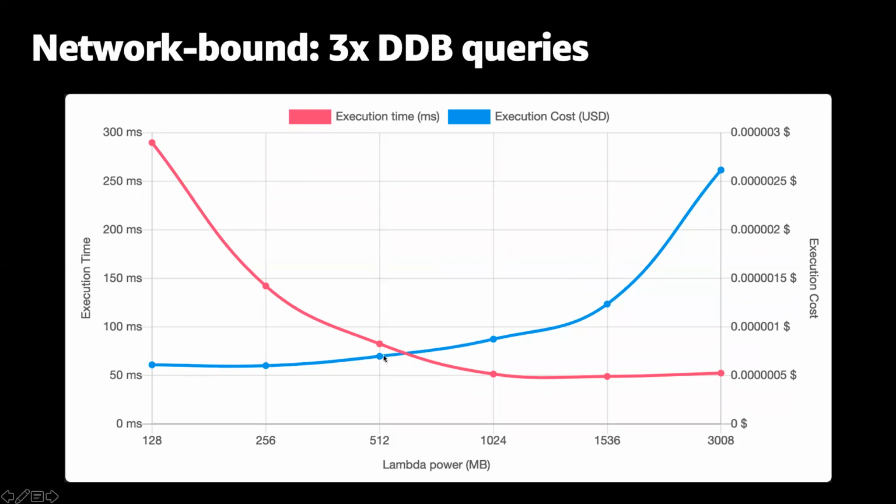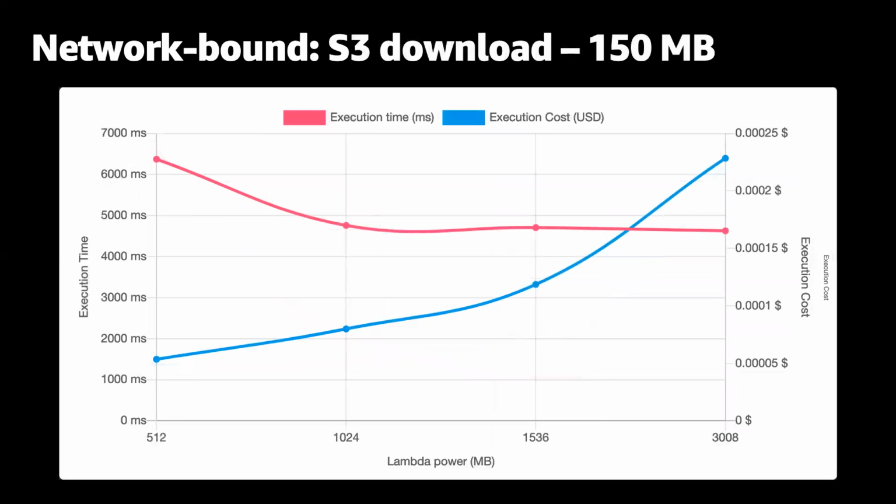So for example, in this use case, running 3 DynamoDB queries in a row, I might go for 512 megabytes because the cost is maybe 5% more, but I'm running in 75 milliseconds instead of 300. Is it worth it for you? If this is a customer-facing API, I would say it is worth it.